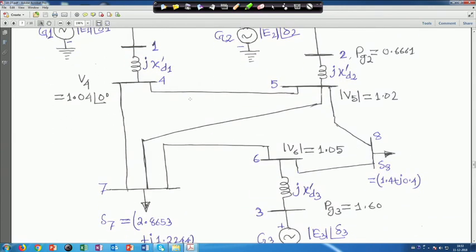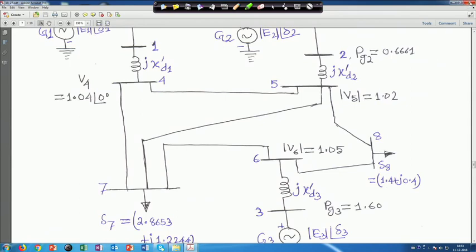So 7 4, 7 5 is there, and I think line 7 6, after the fault was cleared, is out. So y 7 6 will not be there.